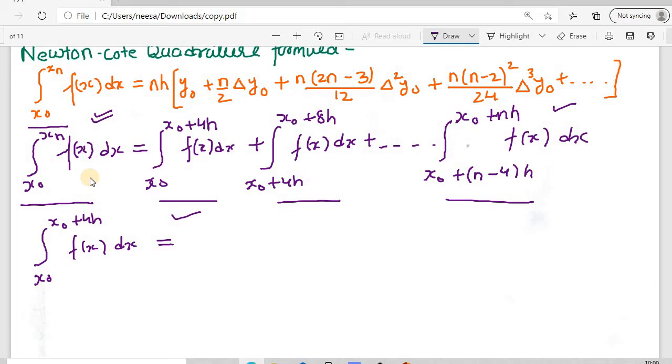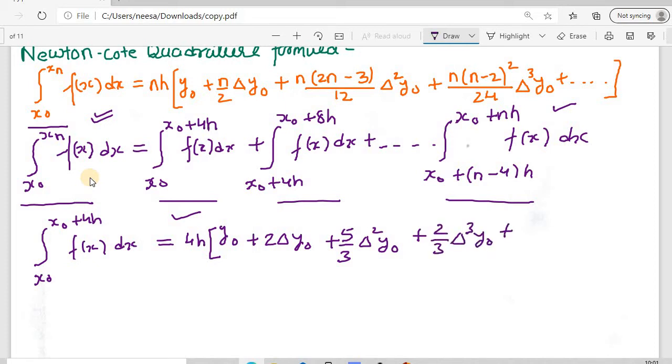So just by putting n is equal to 4 into the Newton Cotes quadrature formula and ignoring the terms higher than del 4 y, we get Boole's formula, which is 4h times, within the brackets, y0 plus 2 del y0 plus 5 upon 3 del 2 y0 plus 2 upon 3 del 3 y0 plus 7 upon 90 del 4 y0.